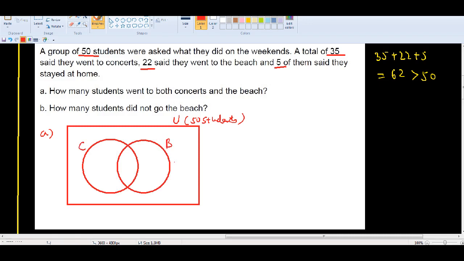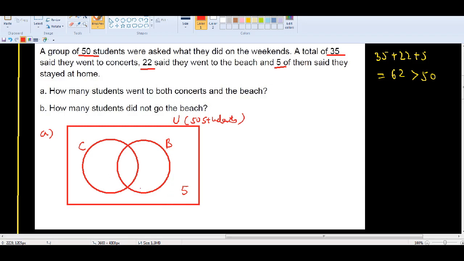We use C and B to represent the two destinations, and also some students stay at home. Stay at home means they did not go to concert or beach, right? So there are 5 of them.